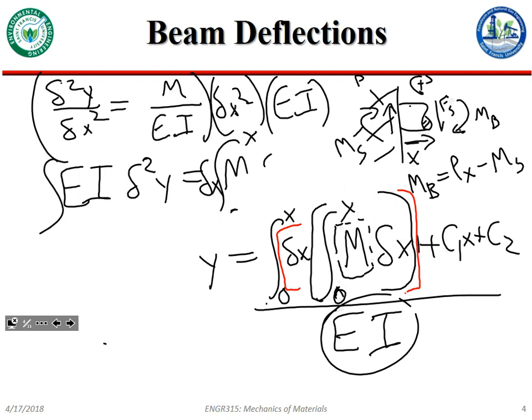All right, so that's the general equation. The trick is just applying it correctly, and this is the beauty of derivations, because we didn't assume any kind of boundary conditions or supports, except that we have lateral loads only.